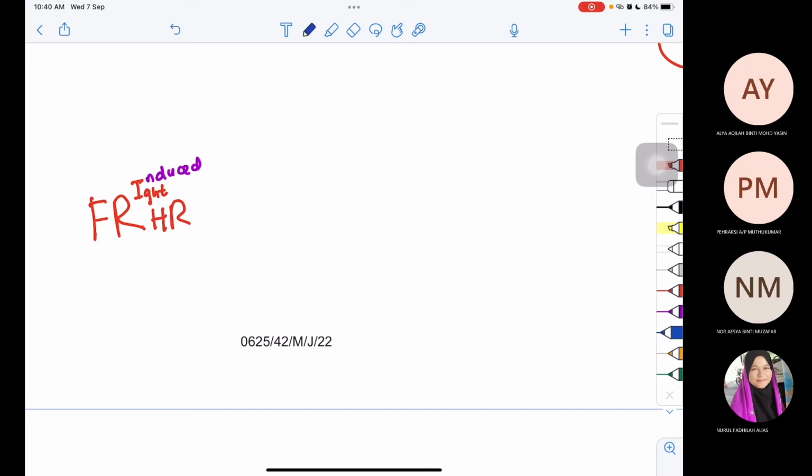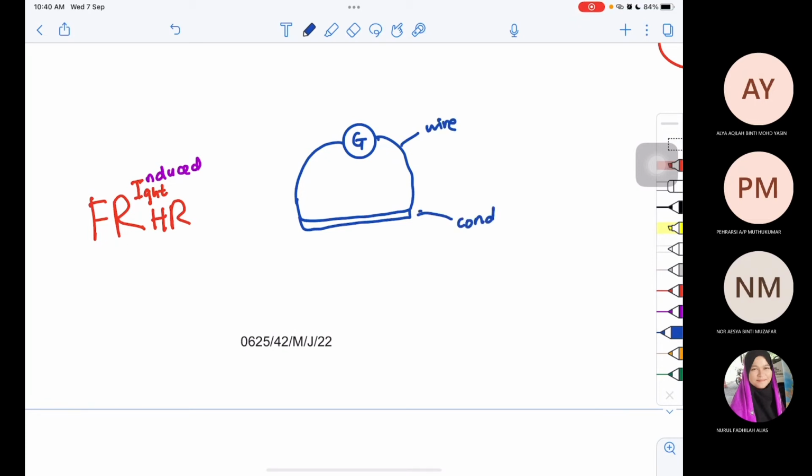If we have, let's say, this one is not a power supply. This is a galvanometer. And then I have a conductor. This is a wire. This is a conductor. Is there current flowing? No. No power supply. The galvanometer is just to detect.